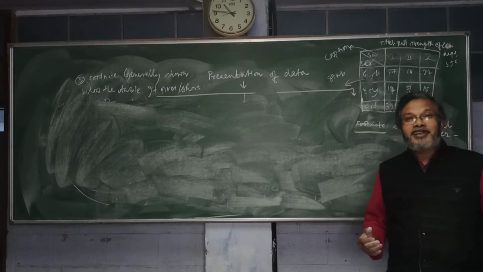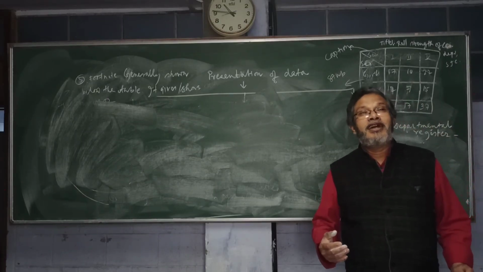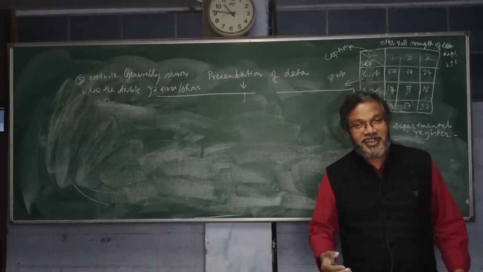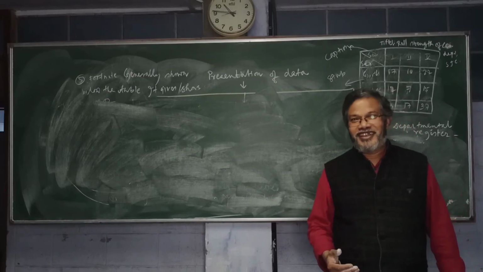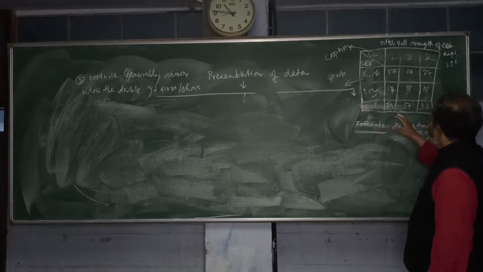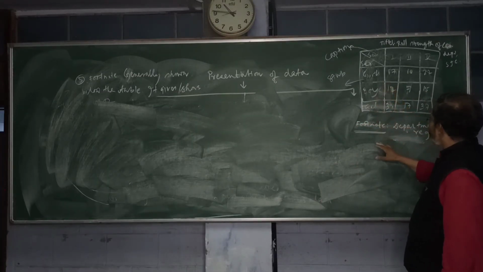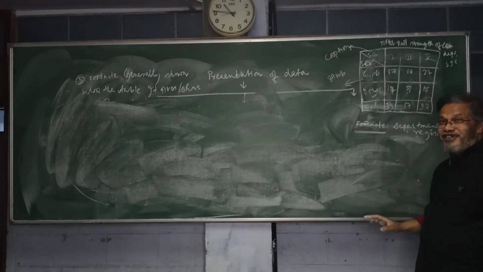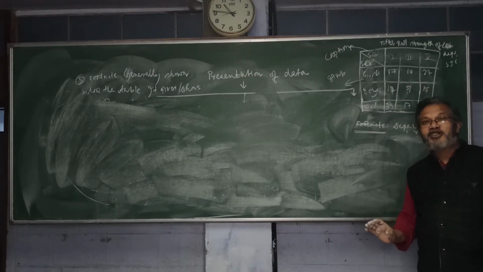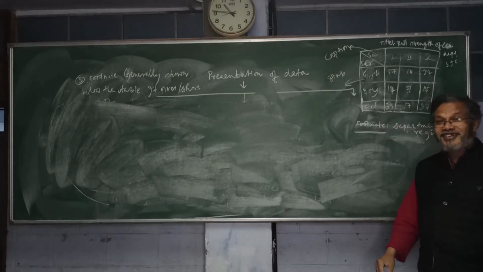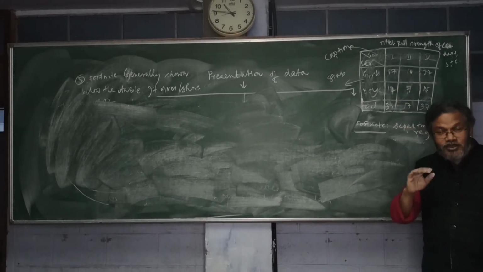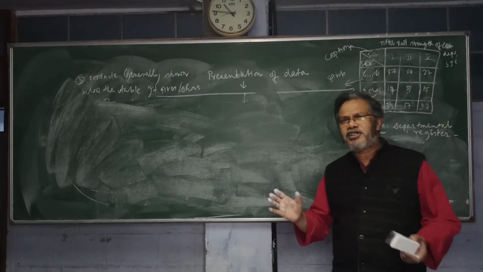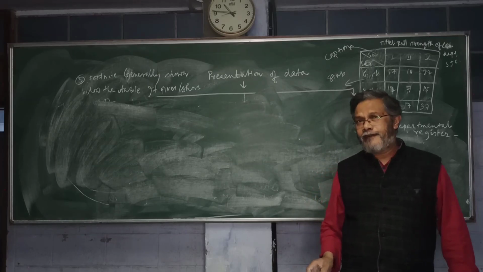Especially if we arrange time series data, they should be in chronological order. Suppose here we are presenting girls, boys. In such a manner, a certain logical sequence must be there. This is total, section wise. This is semester wise, girls, boys, total. In many cases, logical sequence must be maintained.